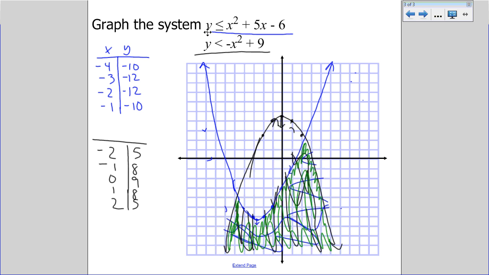Your assignment is a book assignment tonight. You will need some graph paper. So I'll have Mr. Clemmer check and see if we have some graph paper for you guys.